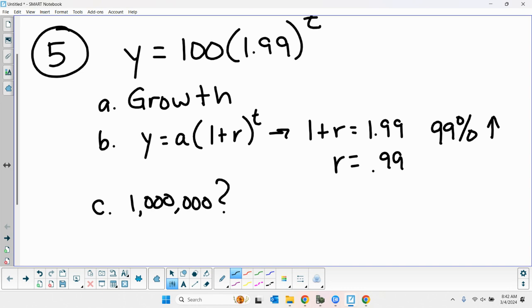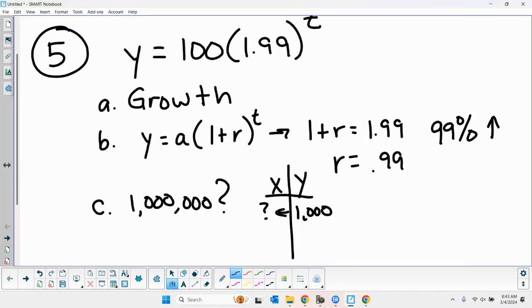So 1 million is how many thousands? 1,000 thousands, right? So when we go to our XY table on our calculator, because we've been doing these on our calculator, we're looking for 1,000 here, and whatever this is, that's our answer. That's how many hours it took, okay? So we're not looking for 1 million in our table. We're looking for 1,000 because it's in thousands, all right? So that's the tricky part for some of us.